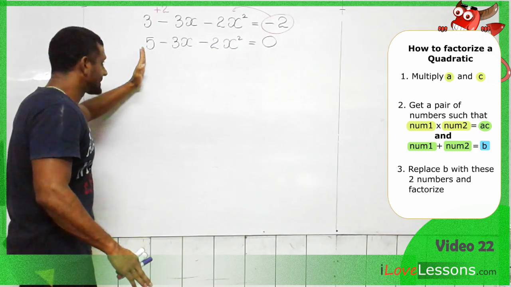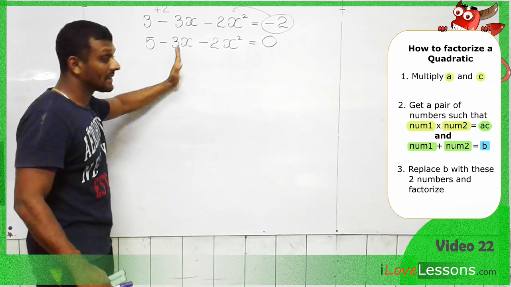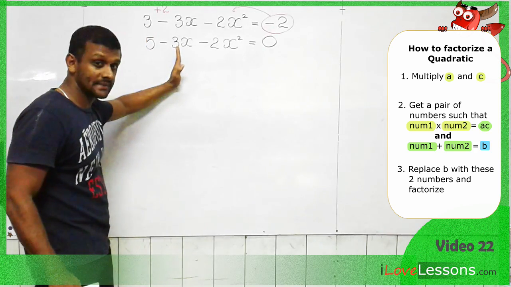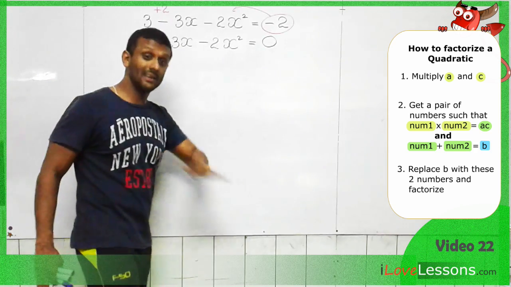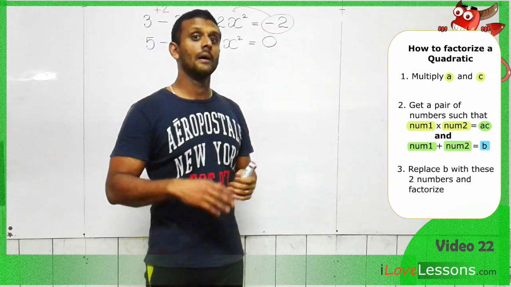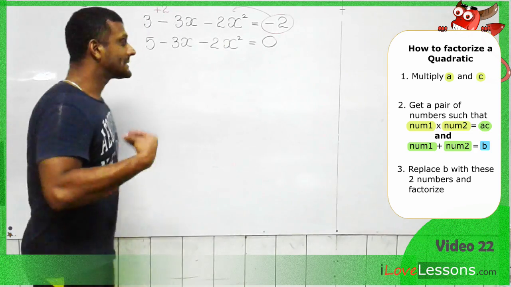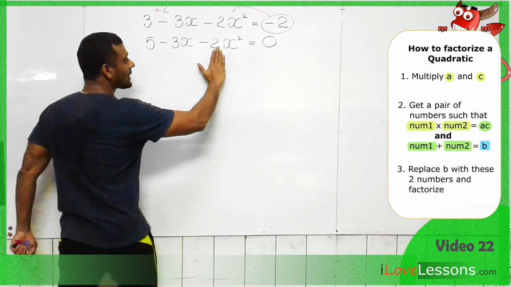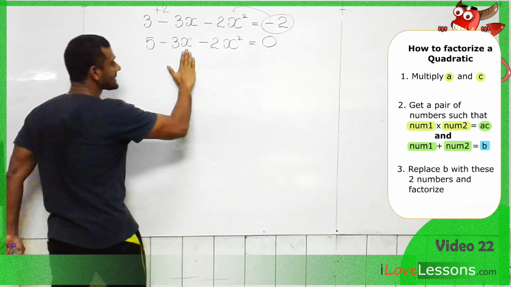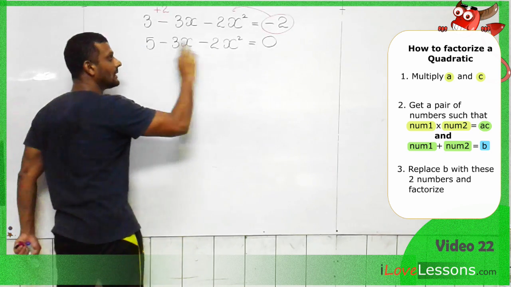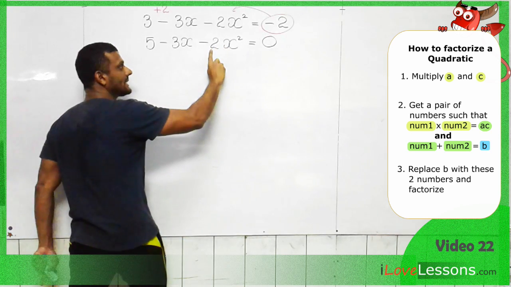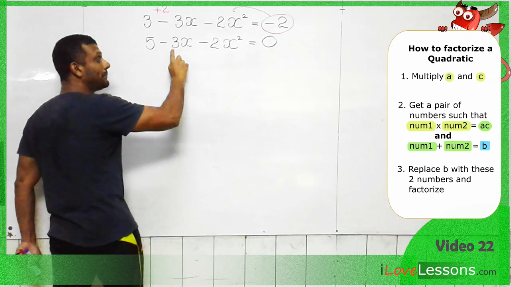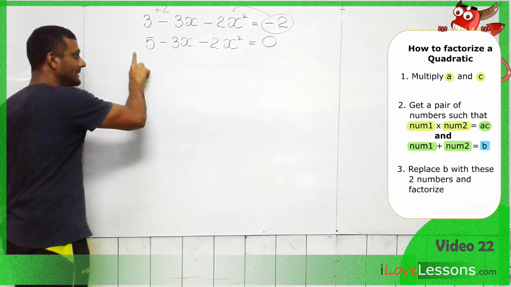A does not necessarily have to come first, B does not necessarily have to come second, and C does not necessarily have to come third. What determines A, B, and C is who's touching the x squared, the x, and has no x touching it. The number touching x squared is A, the number touching x is B, and everything else is C.